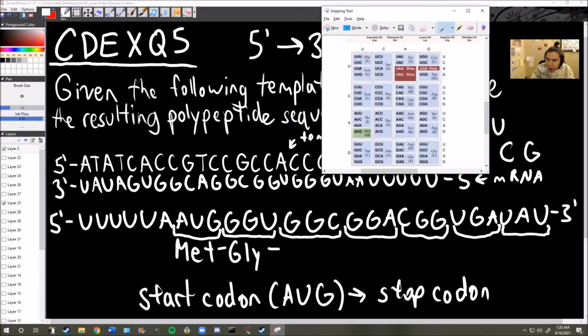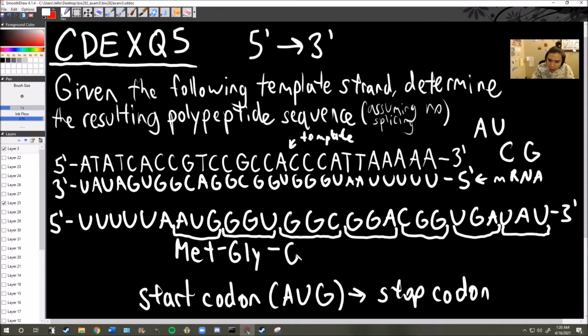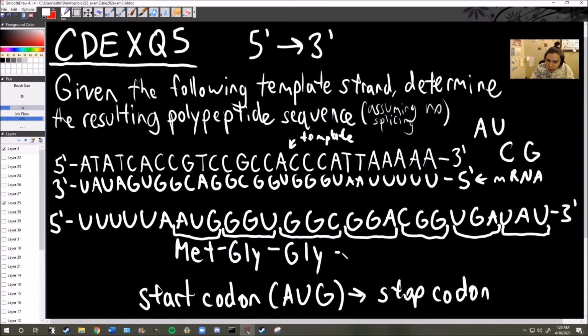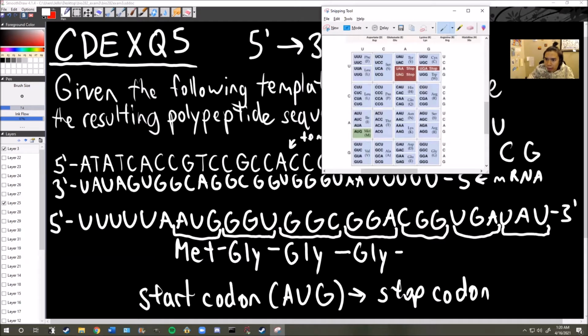And then GGC would correspond with a glycine as well. Huh. GGA, also a glycine. It looks like I did that to be annoying. And I hope this is not a glycine. But let's see. CGG. Okay, that would be arginine.